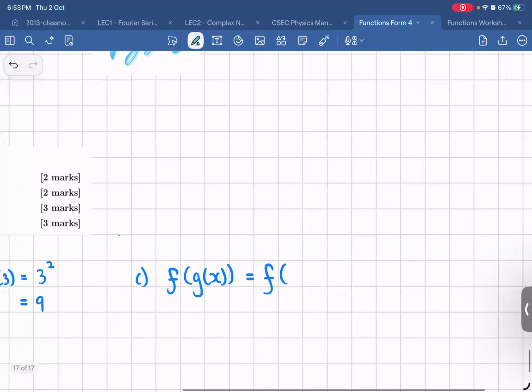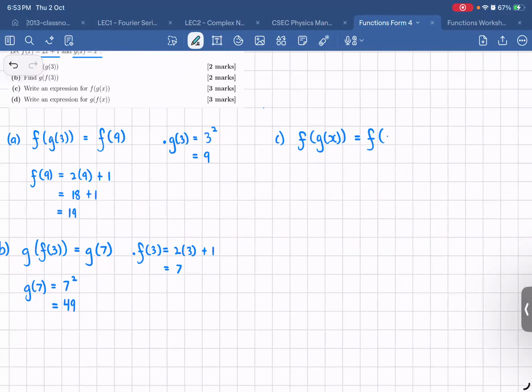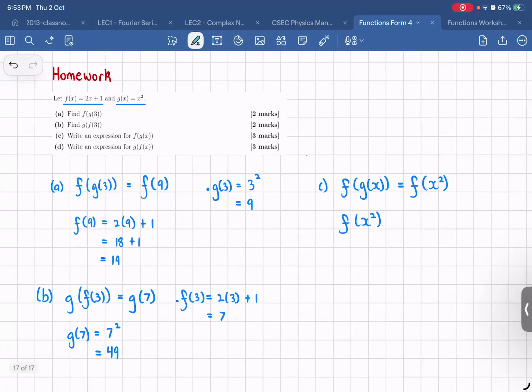So instead of writing g of x, I could actually write what? x squared. And which function am I going to use to find f of x squared? f. Now look at what's inside the bracket, x squared. So wherever you see x, you're going to replace that with what?